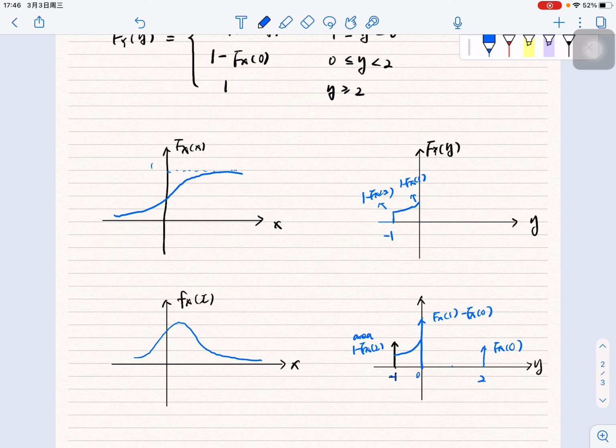In the interval 0 to 2, the value equals 1 minus Fx(0). And when y is larger than 2, the value is 1. So this is the picture of the distribution function Fy.